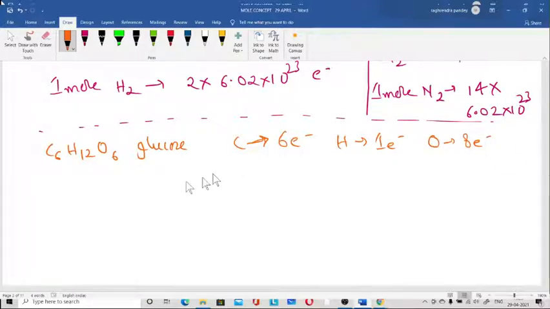Total electrons in one glucose: 6 into 6, because there are 6 carbons, each containing 6 electrons, so that is 36. Plus 12 hydrogens, each with 1 electron, so 12. And 6 oxygen atoms, each with 8, so 48. 12 plus 48 is 60. 60 plus 36 is 96 electrons.